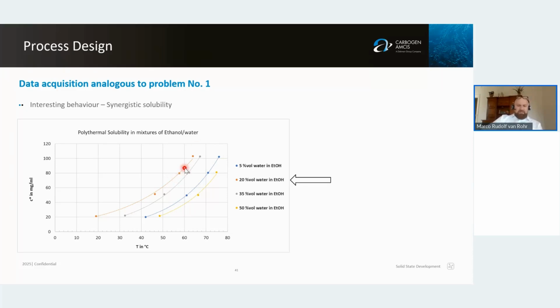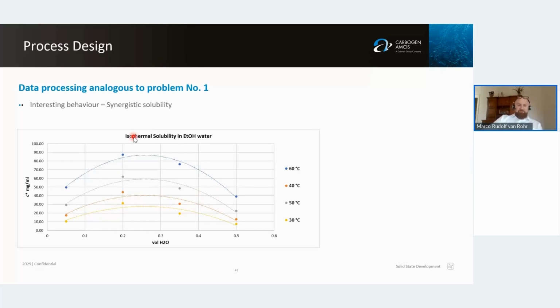So the best solubility here is 20% water, followed by 35% water, followed by 5% water, followed by 50% water. If I translate this now into isothermal solubility data, I see a synergistic solubility. So I have the highest solubility for this compound at 25% water.